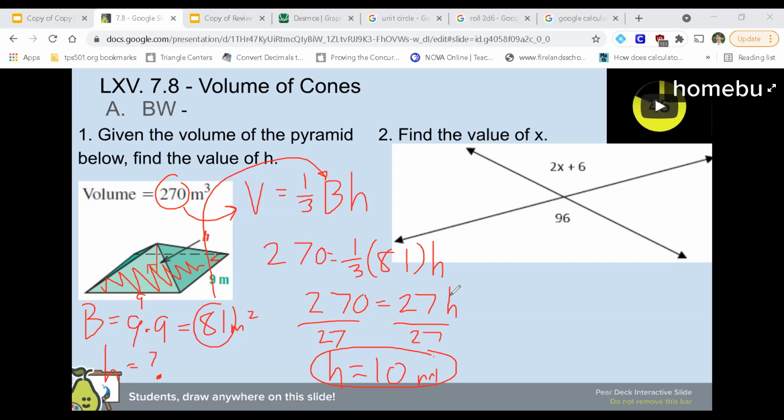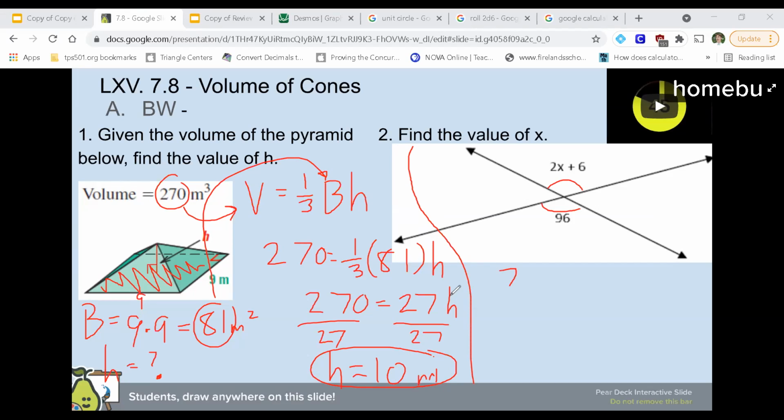For number two, does anybody have an idea of how we could start this problem? That's right. You need to set these equal to each other. Those are vertical angles. They're opposite each other, which means if one's 96, the other one has to be 96 as well. They have to be the same amount.